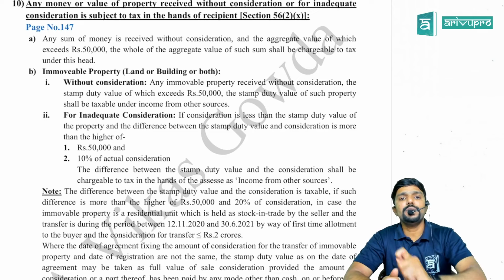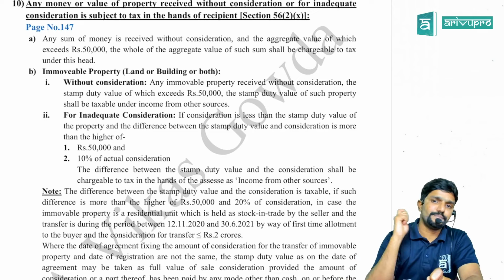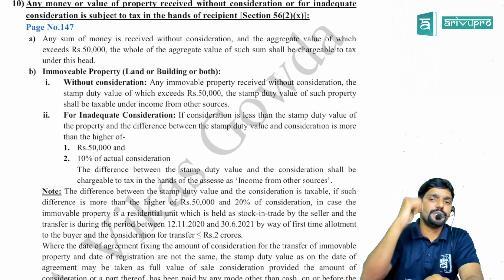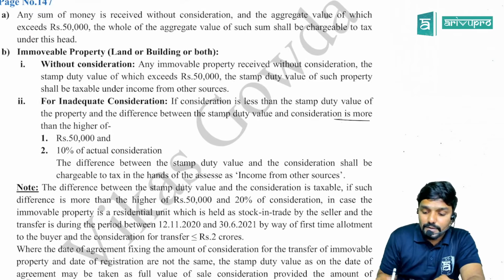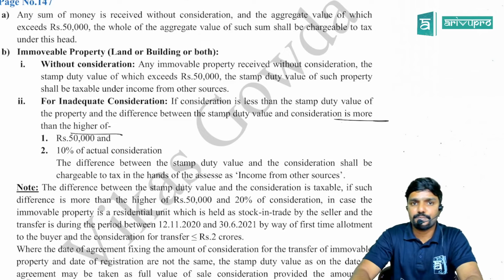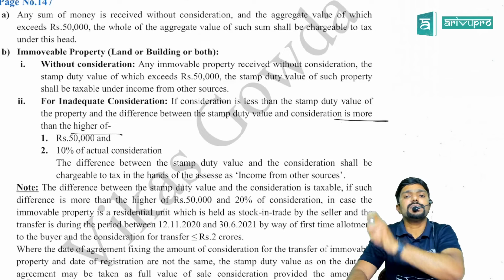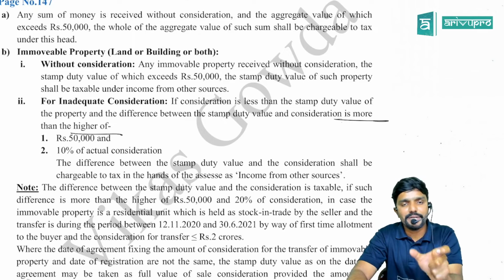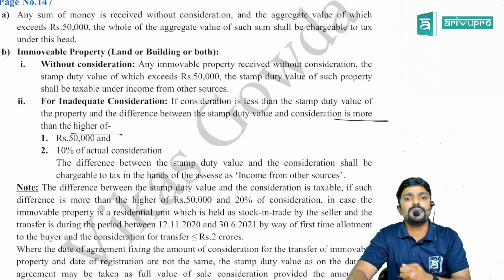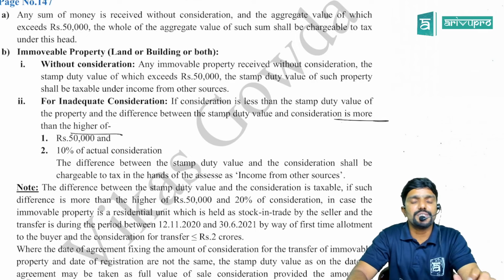I repeat, if you have purchased land and building for a lesser value, first find out the inadequate consideration. That is nothing but the difference between the stamp duty value and the purchase value.